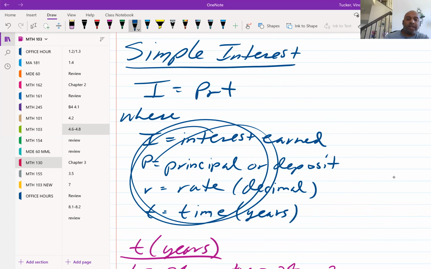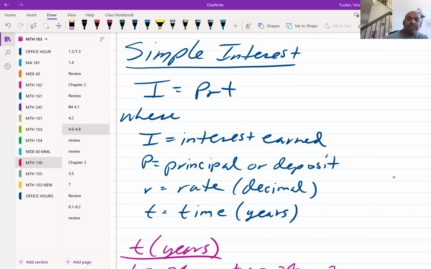I is going to represent interest. You're going to have a deposit, a rate, and a time. That's your PRT. So you have to connect the words. These are the words connecting you to those symbols. But nothing tells me to multiply them. Right there, PRT.